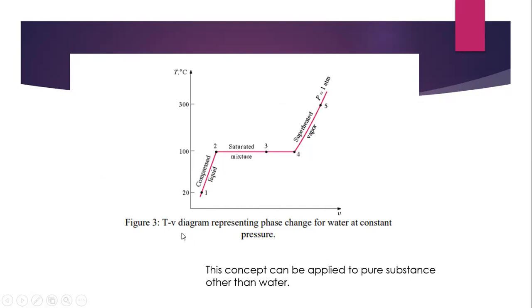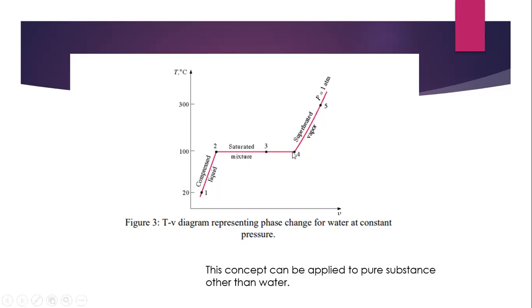Here the temperature-volume diagram represents the phase change of water at a constant pressure. Process 1 to 2 is in the form of compressible liquid, subcooled liquid. Then 2 to 3, it's a saturated state at 100 degrees Celsius.